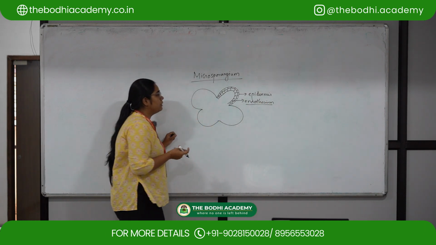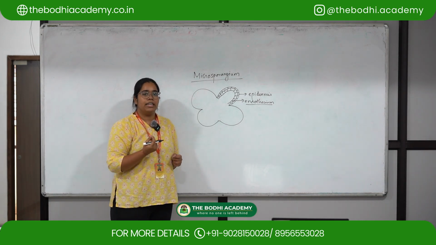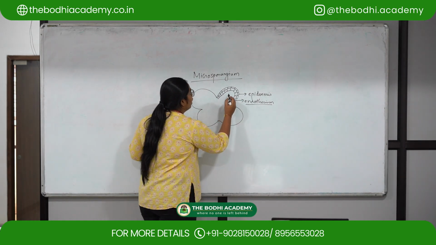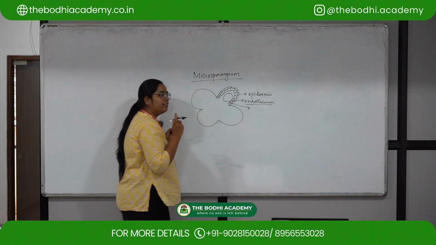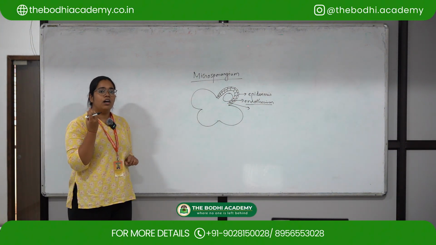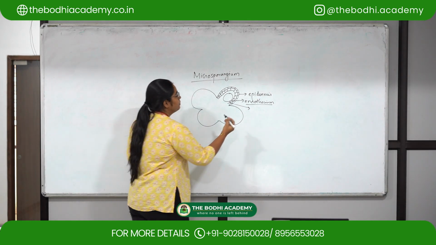So endothecium is a layer which helps in the dehiscence of the anther when the pollen grains are mature. Then comes the sporangium, or the sac-like structure which holds the development of the microspore, that is, the pollen grain.